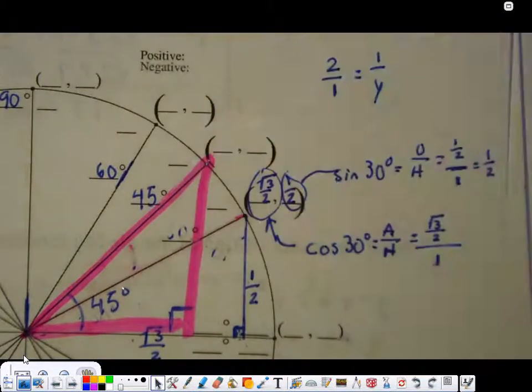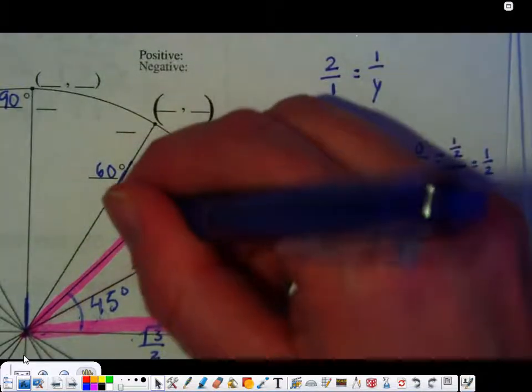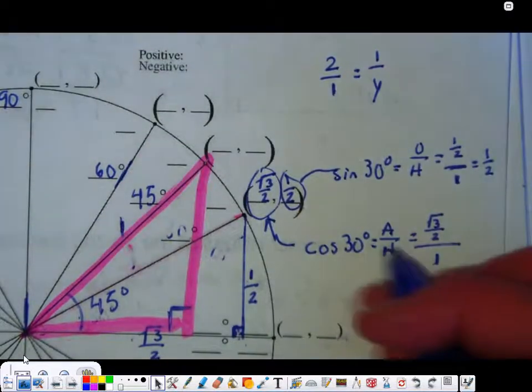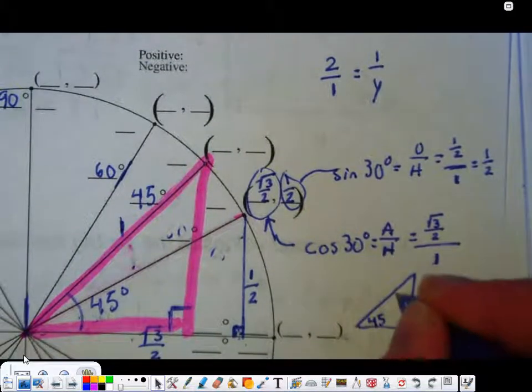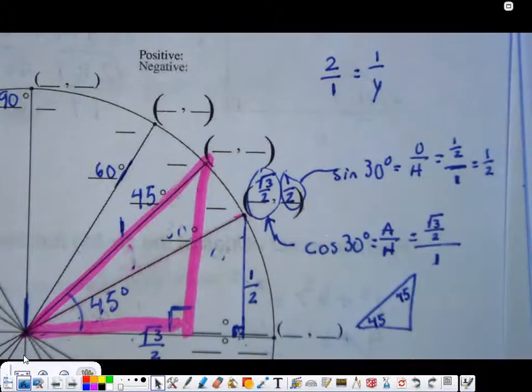And what's the hypotenuse on a unit circle? 1. Always 1. Okay, so now I'm going to think about a 45, 45, 90. What are the sides on a 45, 45, 90? Remember the ratios? What are the numbers?